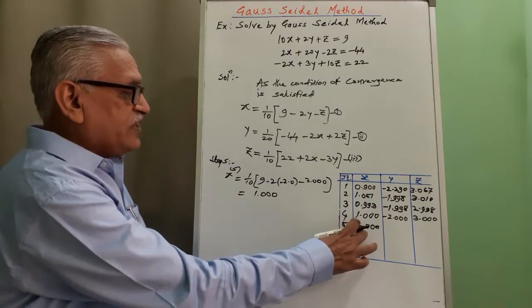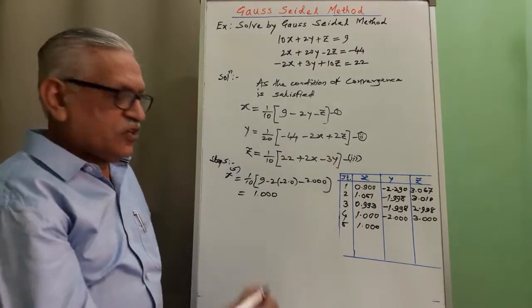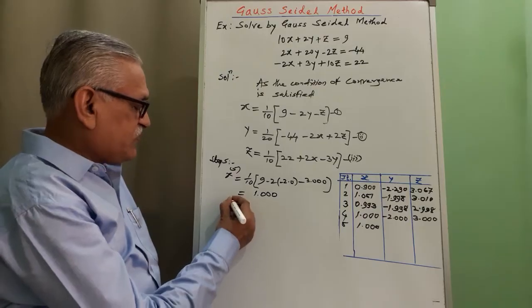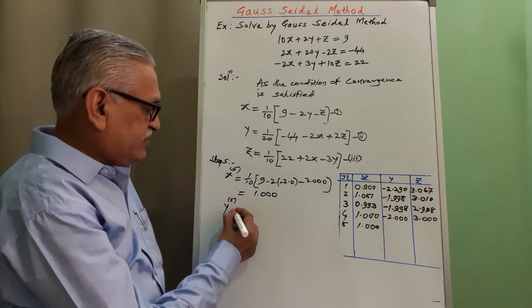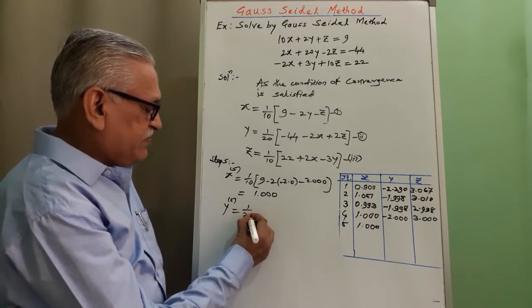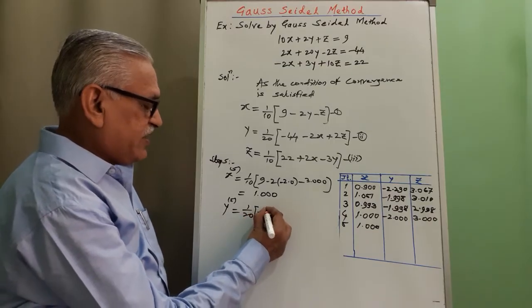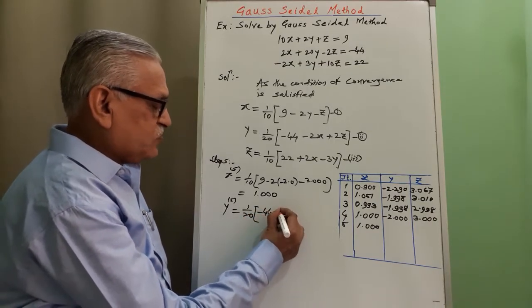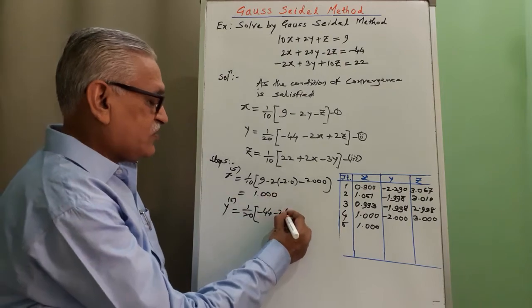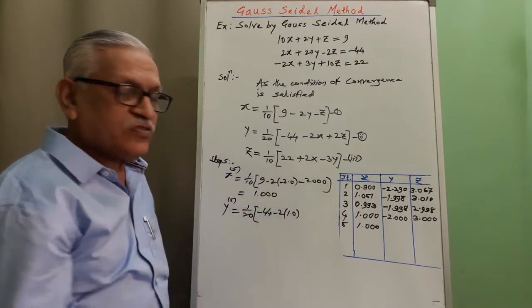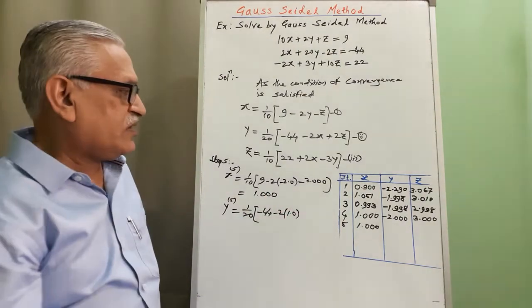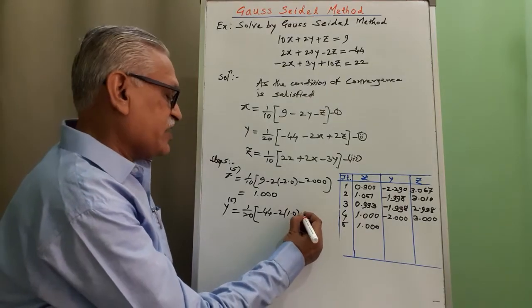Then using that in equation 2, we get a new approximation y5 as 1 by 20 times minus 44 minus 2 into x. Value of x is 1.000 and plus 2z.